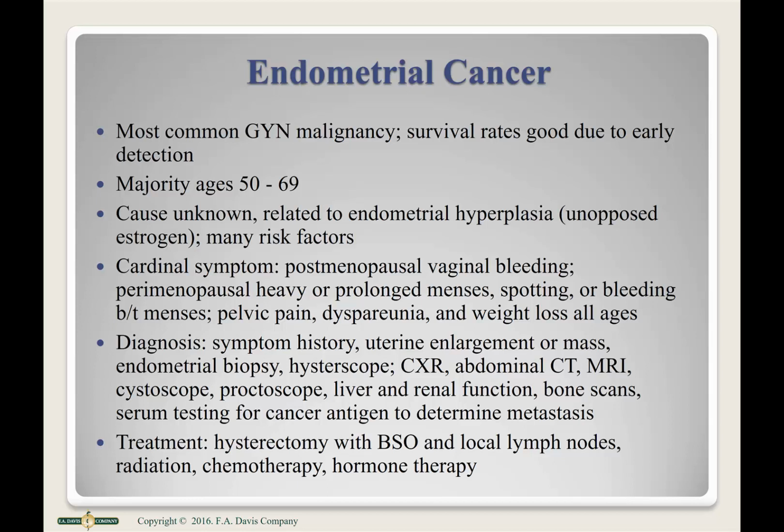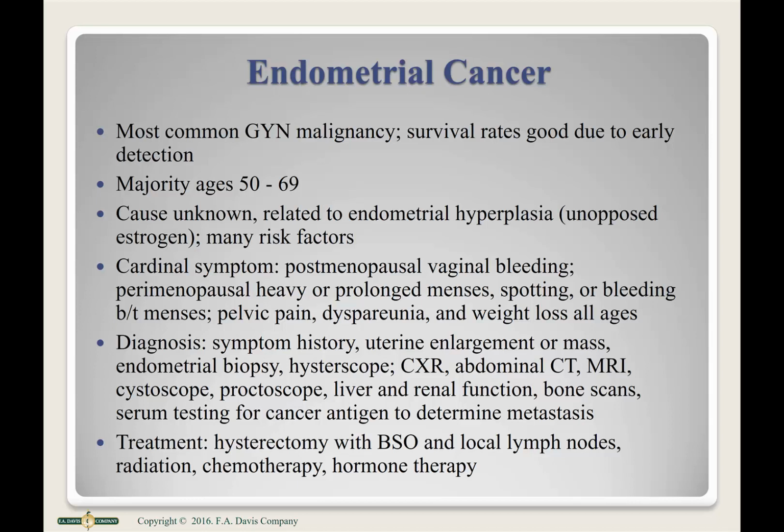Signs and symptoms: if she's postmenopausal, she'll have vaginal bleeding. If she's perimenopausal, she'll have a heavy or prolonged menses. Now, we haven't talked about menopause yet, but postmenopausal means that this person has not had a menstrual period for 12 months and is assumed not to have menstrual bleeding.